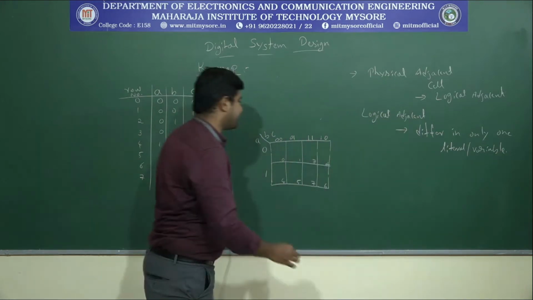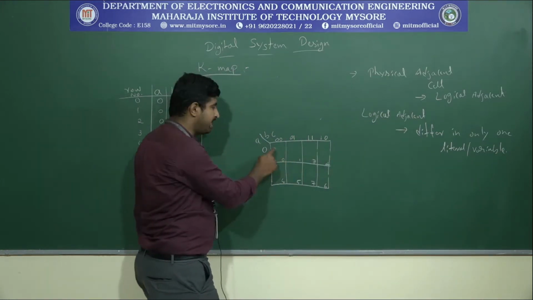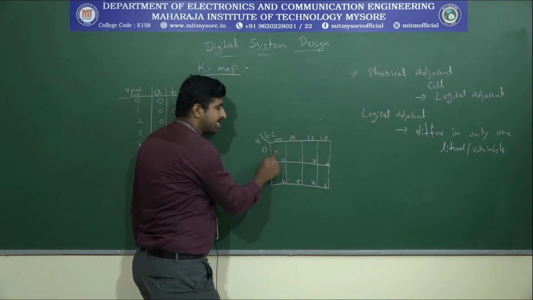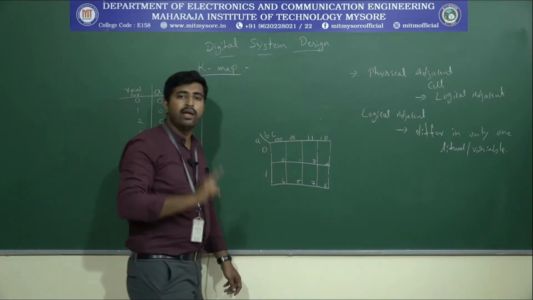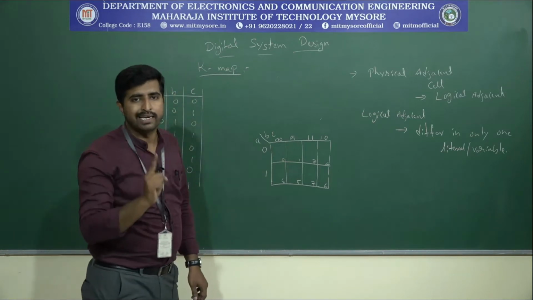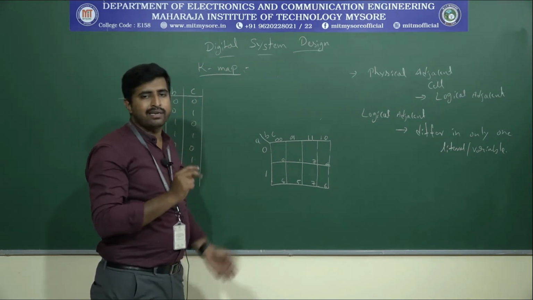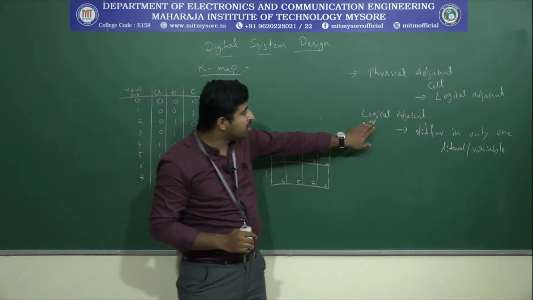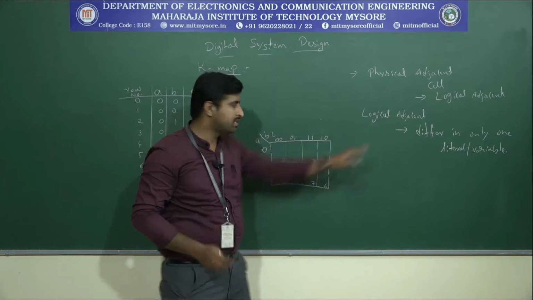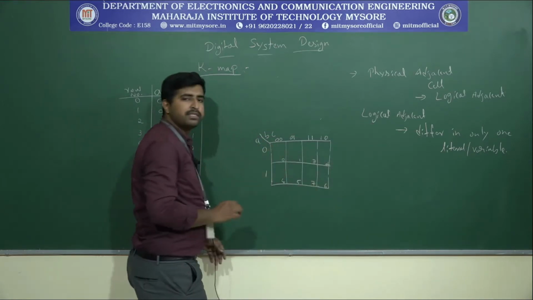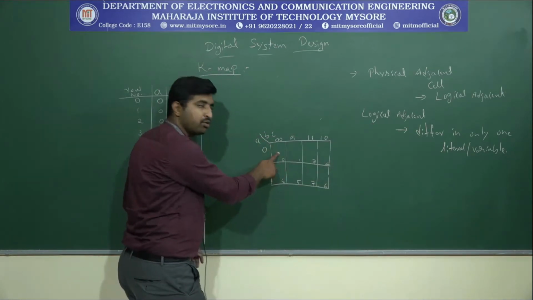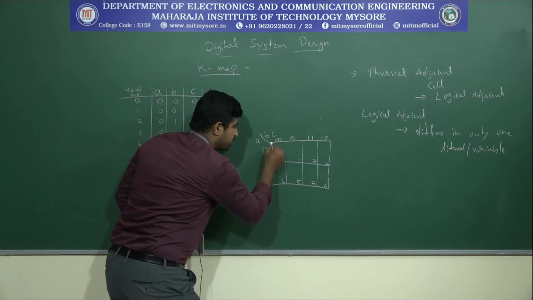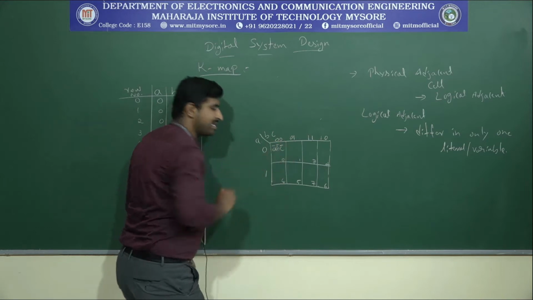That means the literals of individual cells should differ by only one variable or one literal. That kind of relation is called logical adjacency. So the minterm for cell 0 is A bar, B bar, C bar.